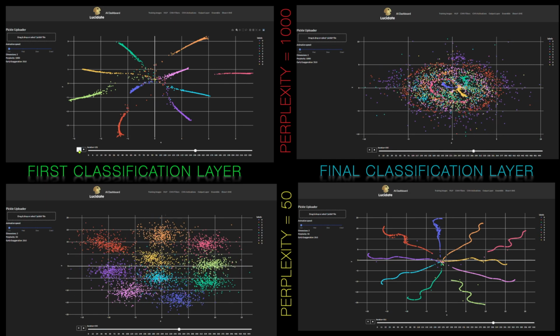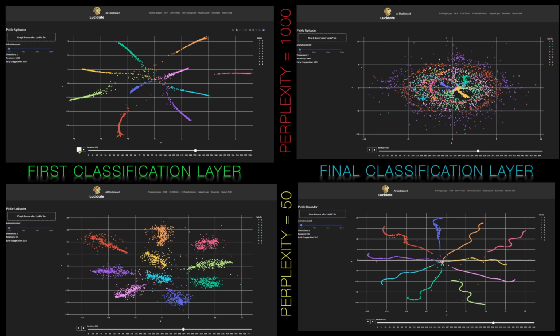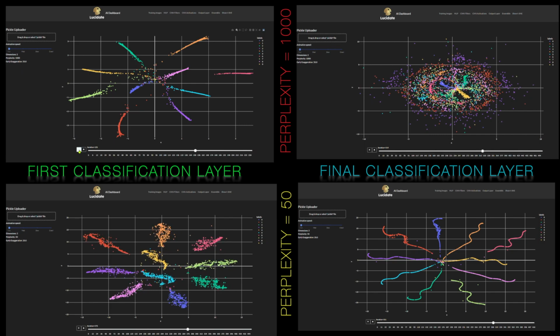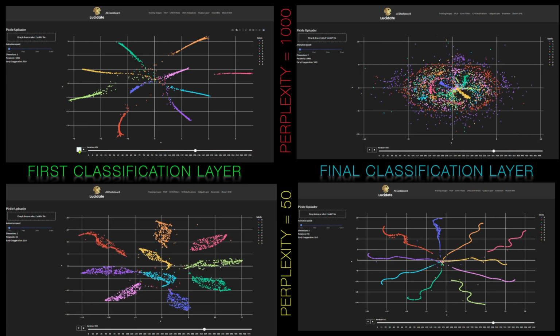You can see this in the upper right-hand plot. This shows the final hidden layer of 64 neurons. The patterns here of neuron activation in response to specific digits is really well set. So telling t-SNE incorrectly that points that are close aren't as likely to be neighbours as they should be is a problem.